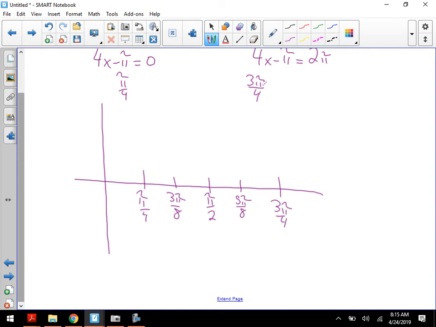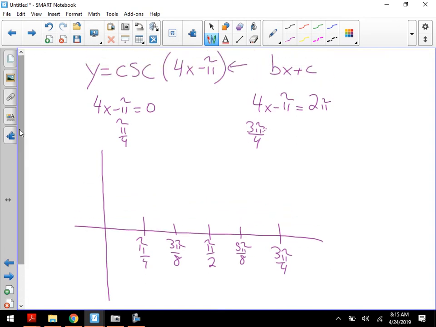Now, in this problem, this was a cosecant, correct? This cosecant problem, what was its a value? 1. So when I do the sine graph to start, what's the amplitude going to be? 1. So I know it's going to go to 1, -1. I'm only looking at this graph as it's shifted, but I'm going to plot the sine graph first.